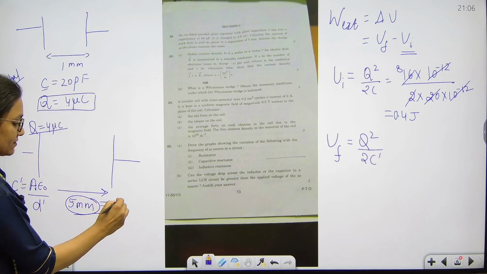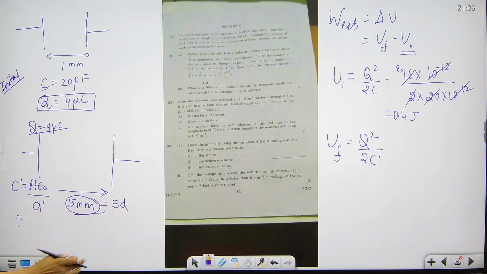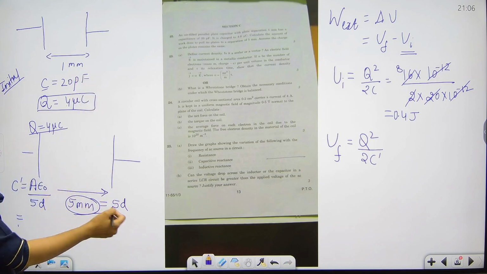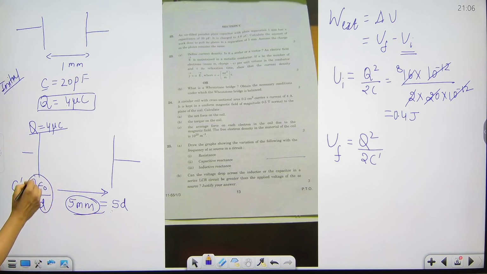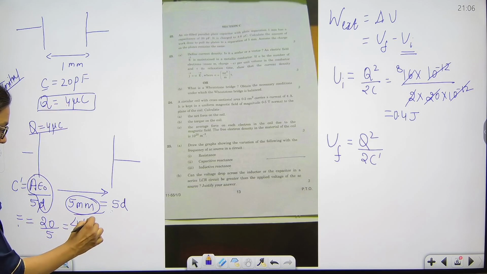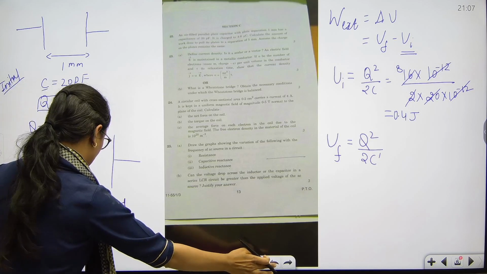Can we write it as 5 times the initial distance? So can I replace this d as 5 times the old d? Yes, 1 millimeter, 5 times, 5 millimeter. So this one is the old capacitance, and the new capacitance will be 20 divided by 5, 4 picofarad. Is this clear? 20 picofarad, 4 picofarad. Okay.